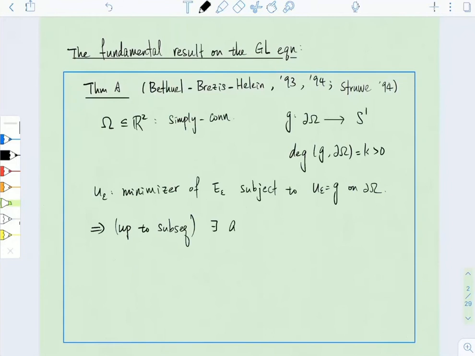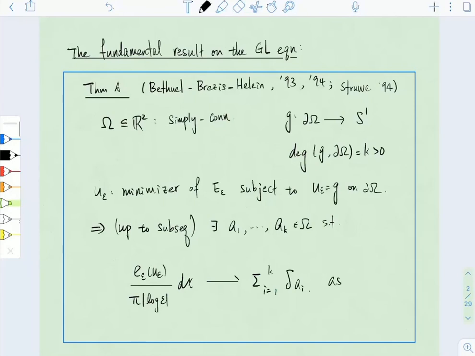You can find points, exactly k of them, where k is the degree of the boundary map, so that if you look at the Ginzburg-Landau energy density as a measure on omega, but normalize it by a factor of log epsilon, then as measures it converges to a sum of Dirac measures supported at these points.